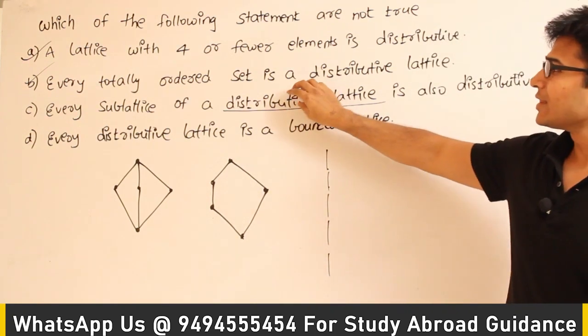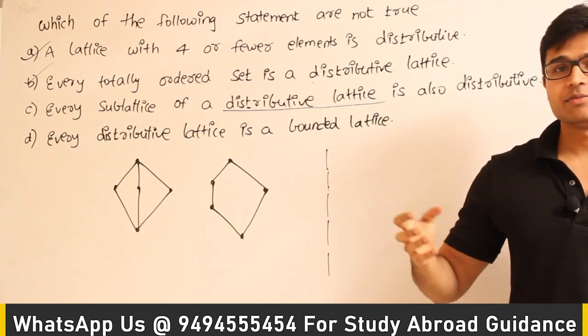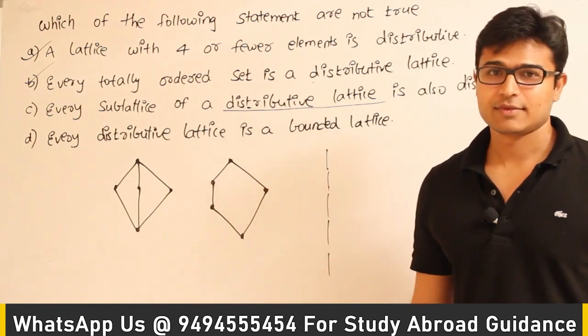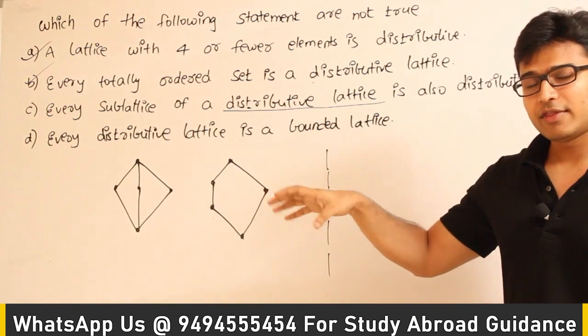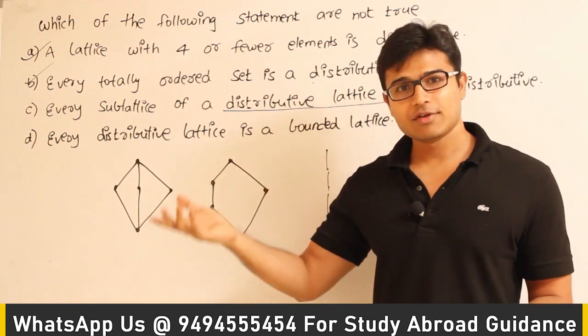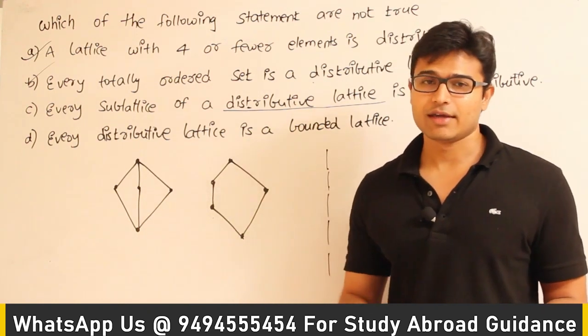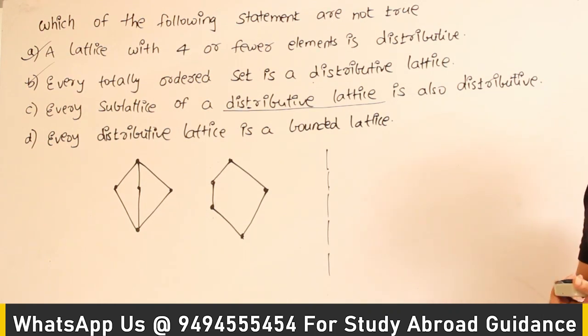Already given that a lattice is distributive. What does it mean? There is no sublattice present in it which is isomorphic to this one or this one. Now if you take any other sublattice, it will not contain any structure isomorphic to this one or this one. Okay, so it is becoming difficult to prove it. So let me go step by step.